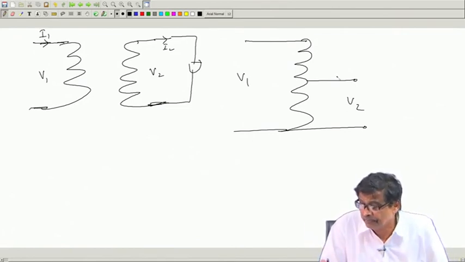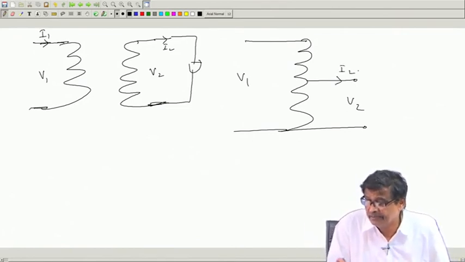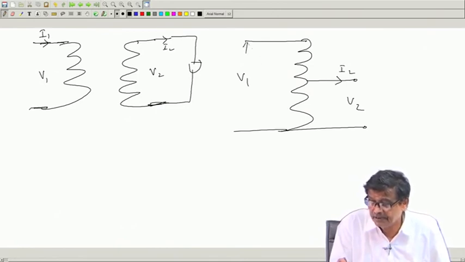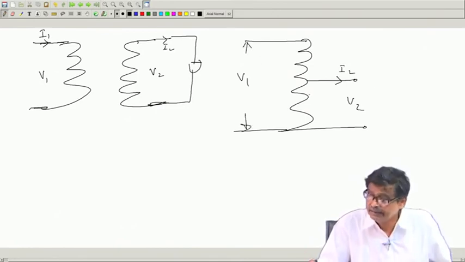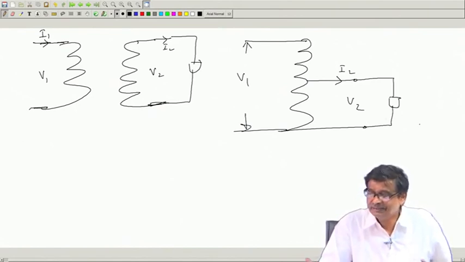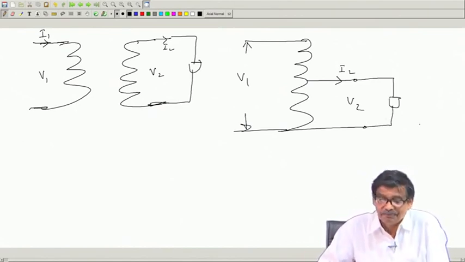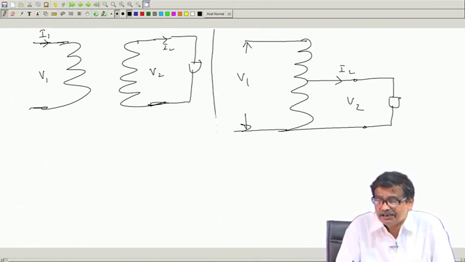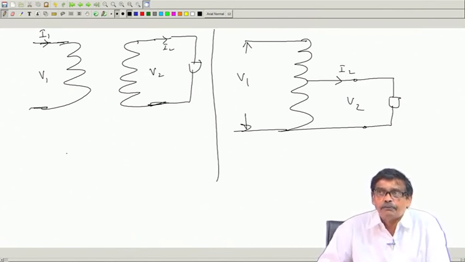here also doing the same thing, here it is V1 like that, and here it is supplying load. Everything is fine, the same job is being done by the two winding and the auto transformer.